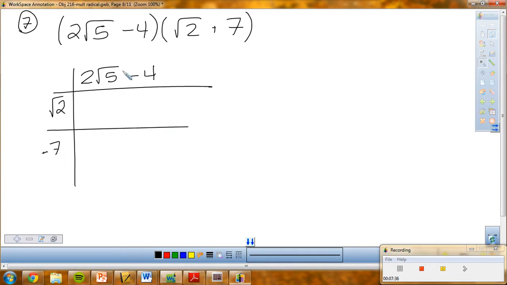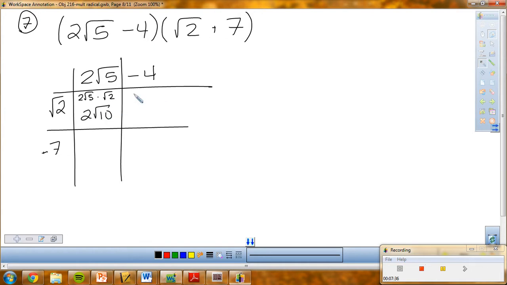So create your box, and this is going to help you with your multiplication. If you need to write it out first, 2 to the square root of 5 times the square root of 2, to help you with your multiplication, do so. Don't take shortcuts, you will make mistakes. 2 in front times 1 is going to be 2, and inside 5 times 2 is 10, so we're going to have radical 10.